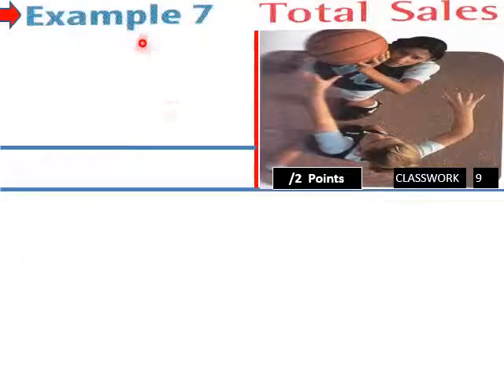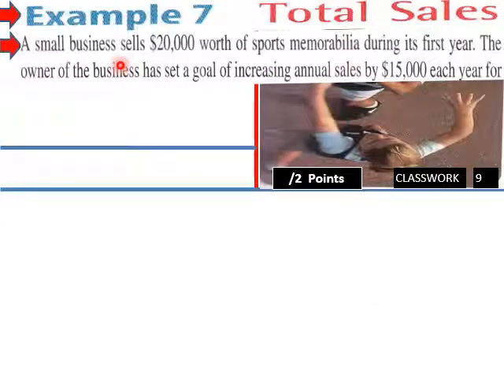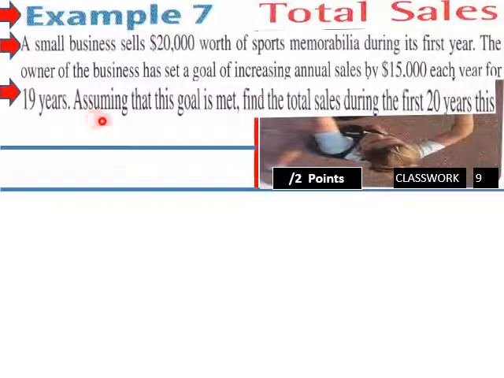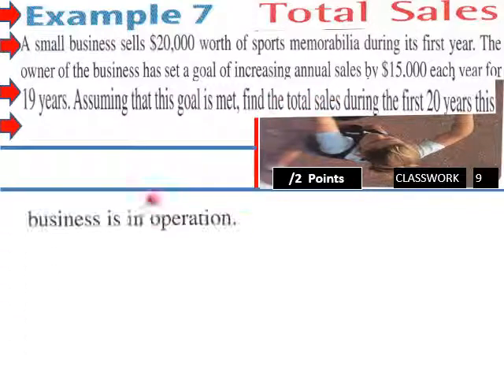And what do we do here? Total sales. A small business sells $20,000 worth of sports memorabilia during its first year. The owner has a goal of increasing annual sales by $15,000 each year for 19 years. Assuming that this goal is met, find the total sales during the first 20 years.